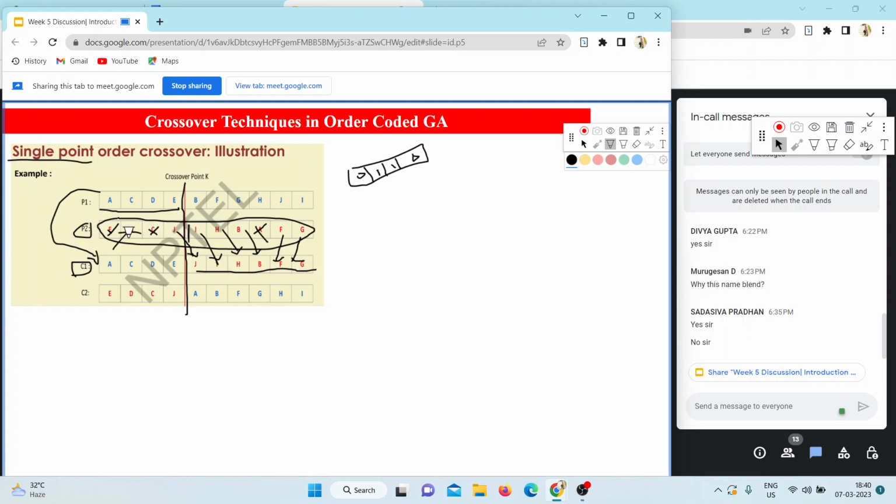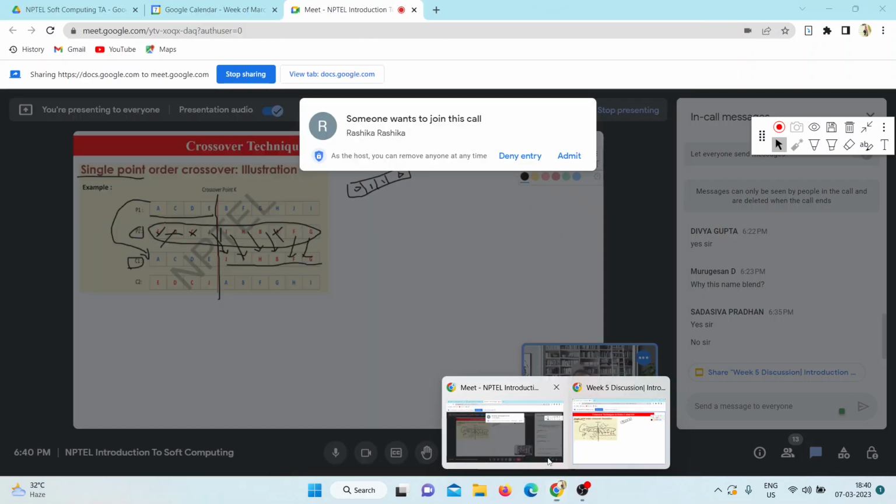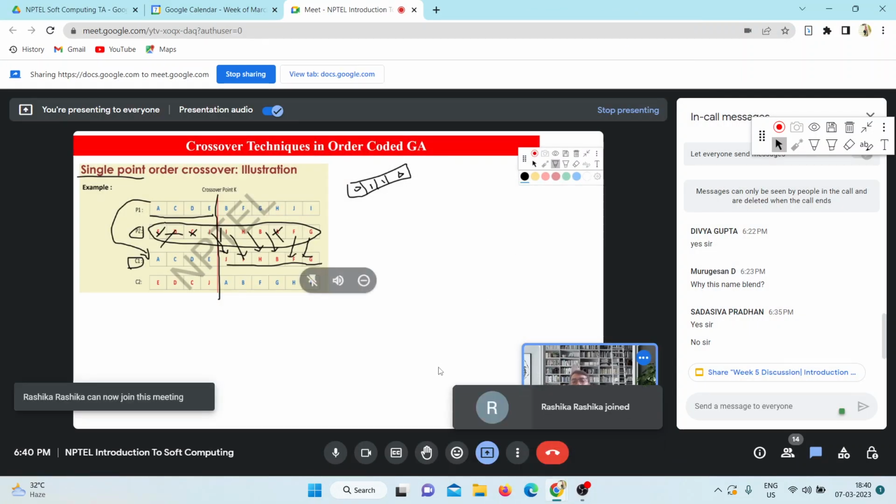When a bit is repeated we cut it, and when it is not repeated we transport the bits of P2 to C1. Similarly, you do the same procedure for C2. Is this clear, guys? Is single point crossover clear in order GA?